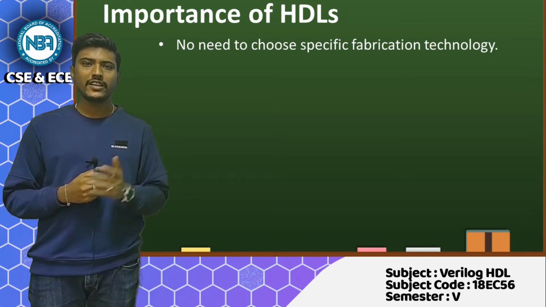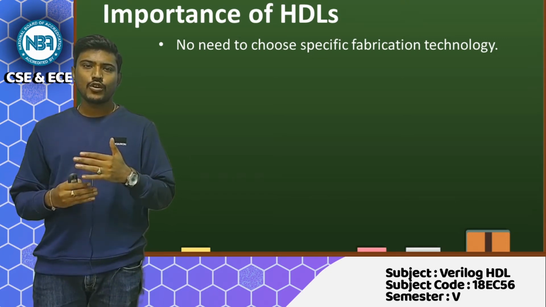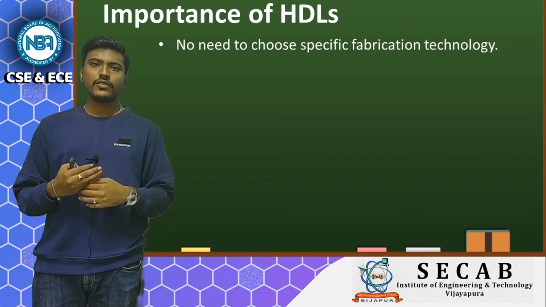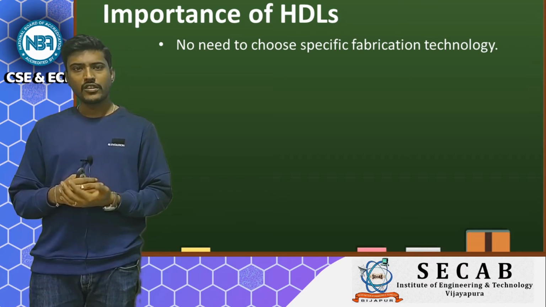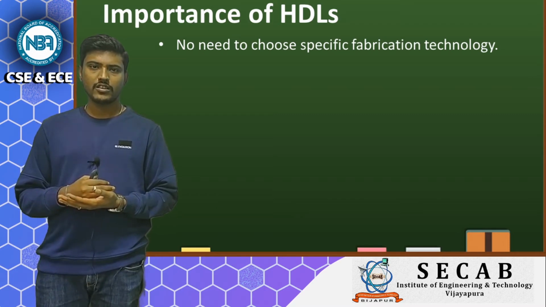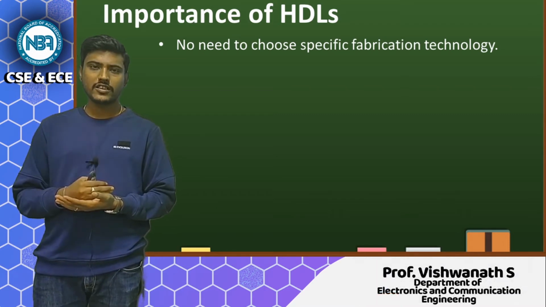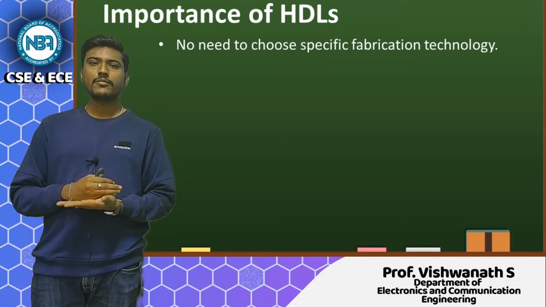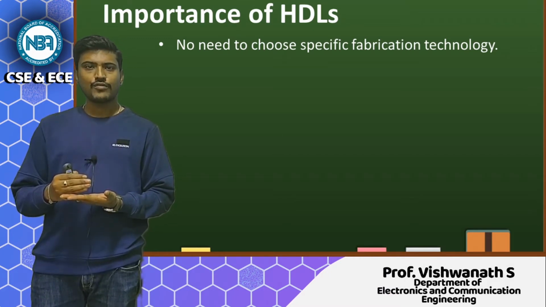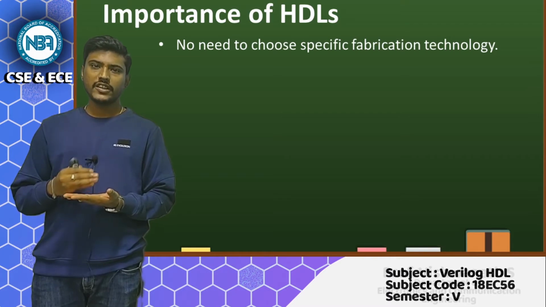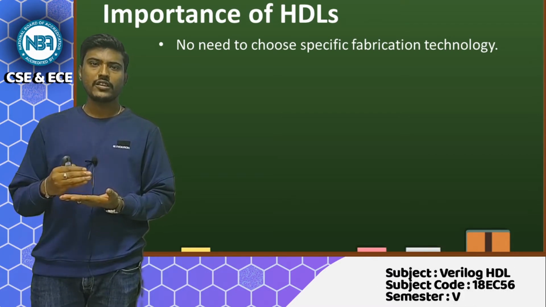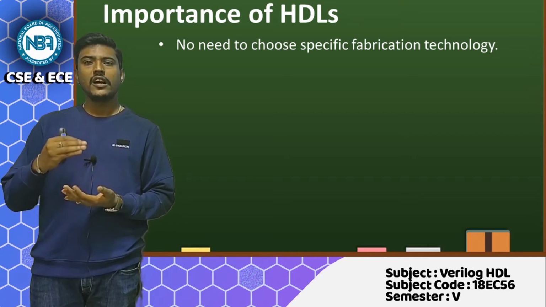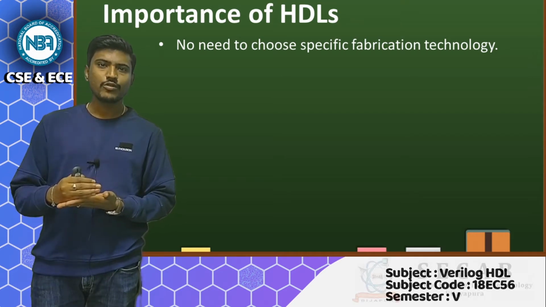They are independent. If you want to convert an HDL design into any type of technology, say you have designed something and then synthesized it, the same synthesized gate level netlist can be done in terms of 180 nanometer, 90 nanometer, 45 nanometer, and 22 nanometer.